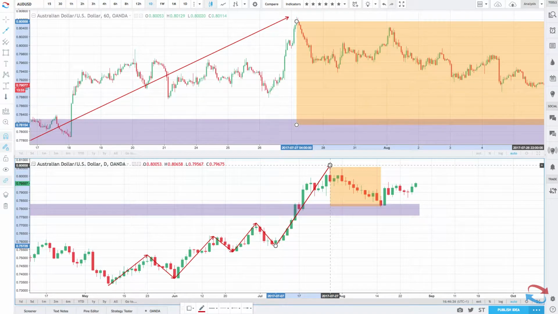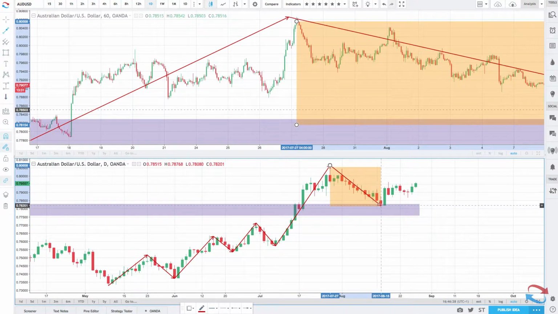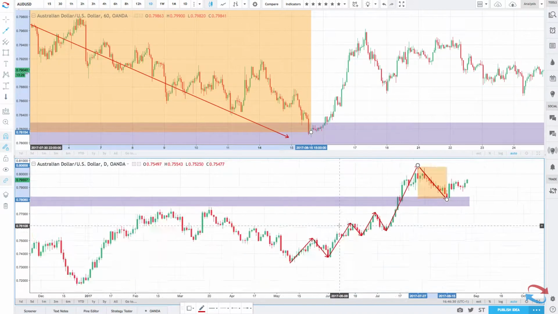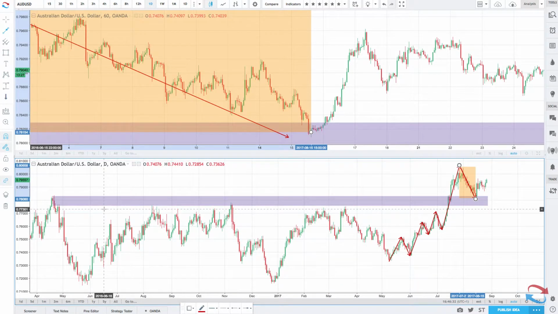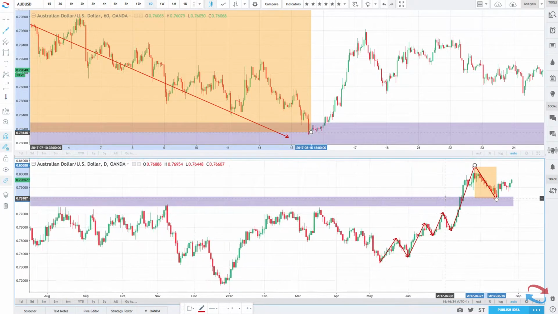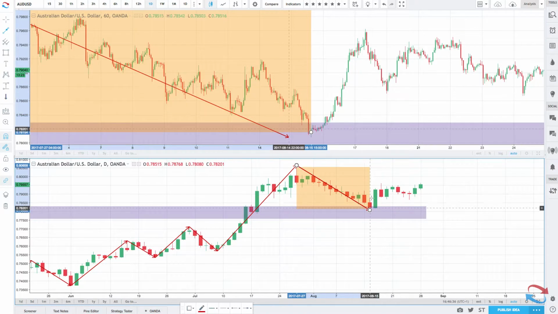So it's no surprise now to see when the market comes back into a level of previous resistance, and aggressive traders will look to enter long at this level.